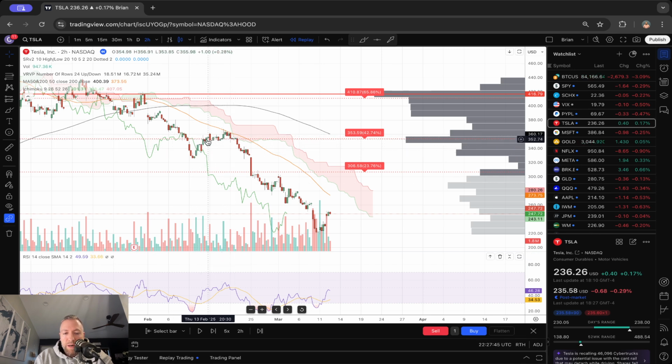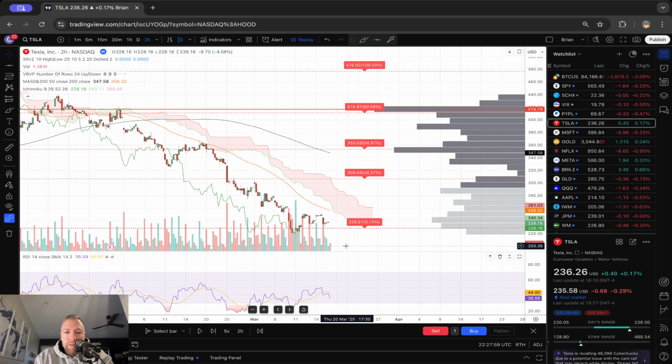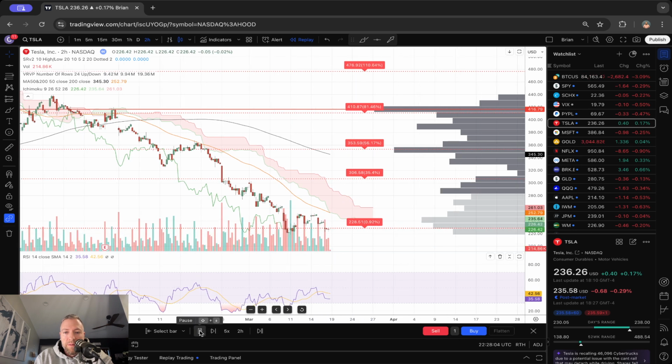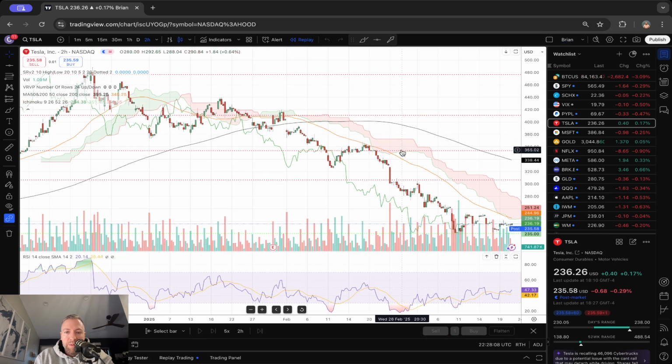Like I said, when the RSI is down around that 20 area, you'll sometimes get a nice little jump up depending on the price action. And here we go. You can see 228 was the next support. And that's pretty much where we're at today.